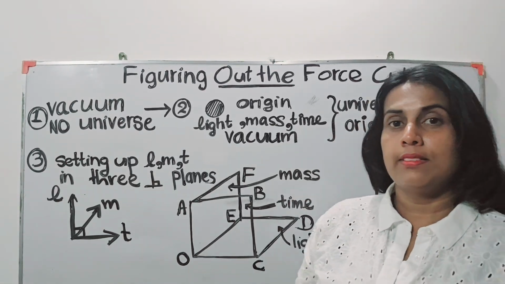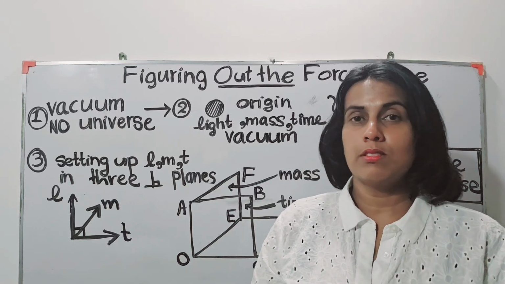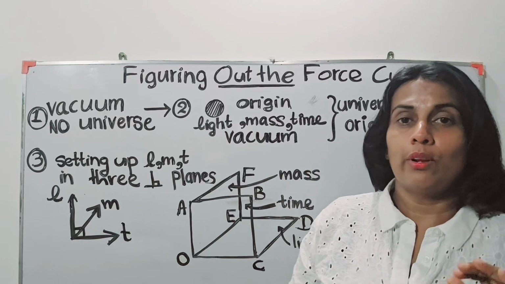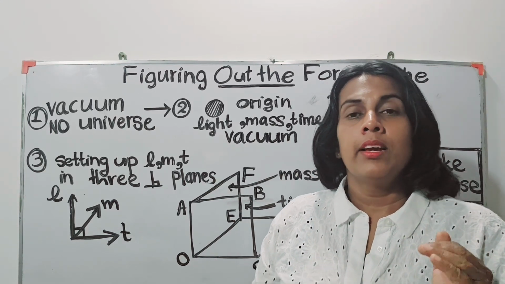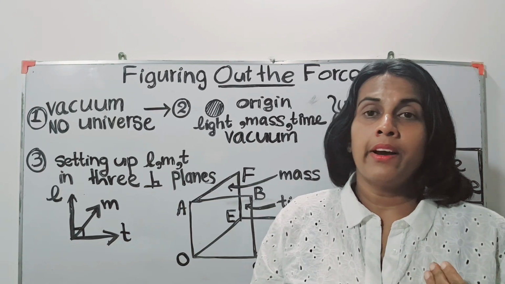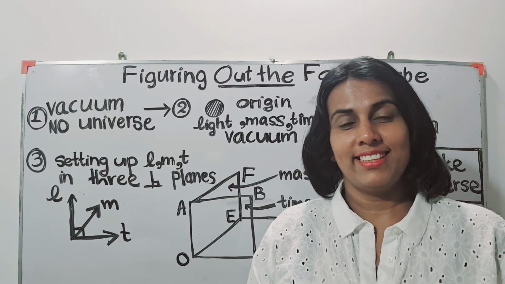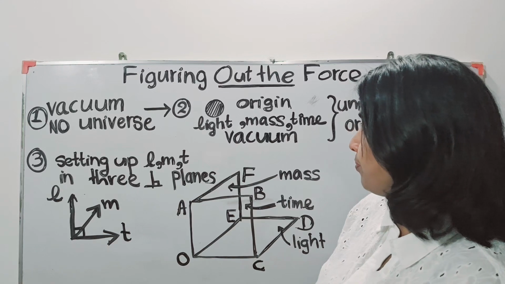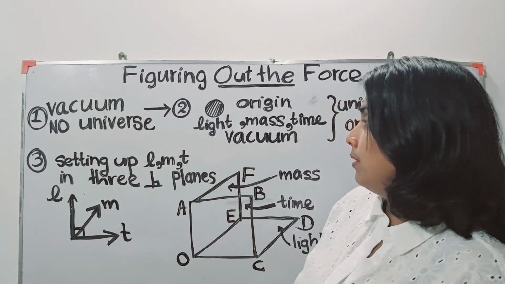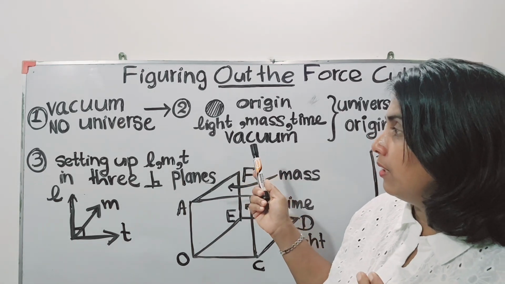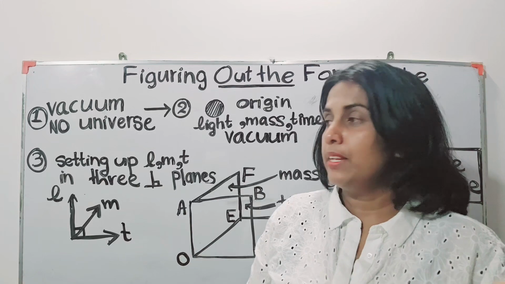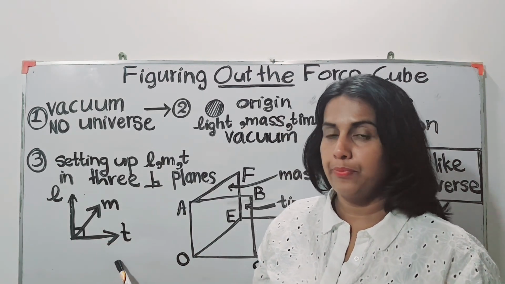And this origination took place a boundless time ago, and this universe's origin exists forever. It exists today also at the origin and at an infinite distance away from us. And here we know that no matter or mind exists. Then after that, these three elements, light, mass and time, arrange in three perpendicular planes.